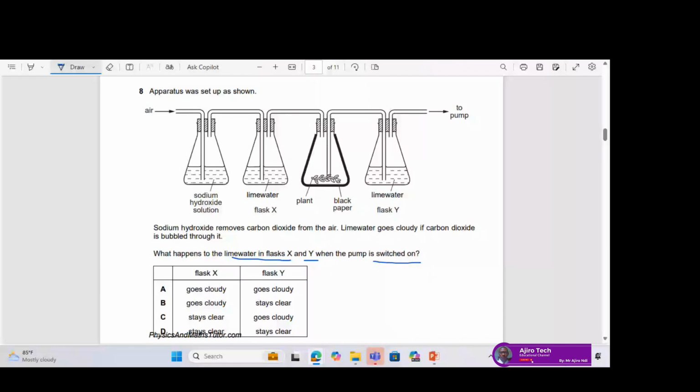So air comes in this way. The pump pulls up the air as it enters this way. Sodium hydroxide, they told you, removes carbon dioxide from the air. And lime water usually goes cloudy if CO2 is bubbled through it.